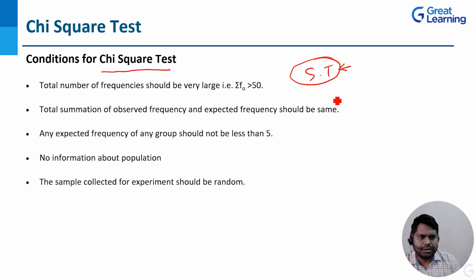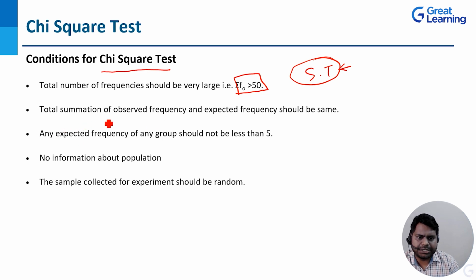Otherwise, we cannot. So let's see what conditions we need to follow in case of chi-square test. It says that the total number of frequencies should be at least 50. So sum of f of observed should be greater than or equal to 50.